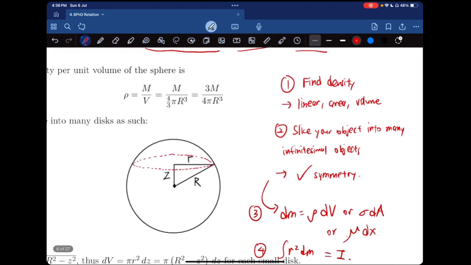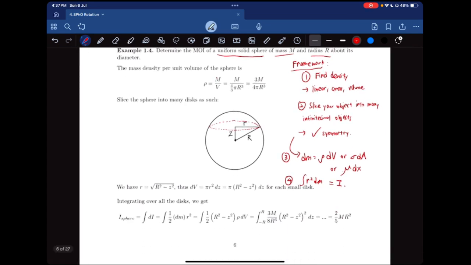So just follow this framework if you ever need to find MOI. It's the key framework, and it's quite convenient. If you get more comfortable with it, you probably don't need to go through the density step. But if you're just starting out, I would highly recommend thinking in terms of density first.